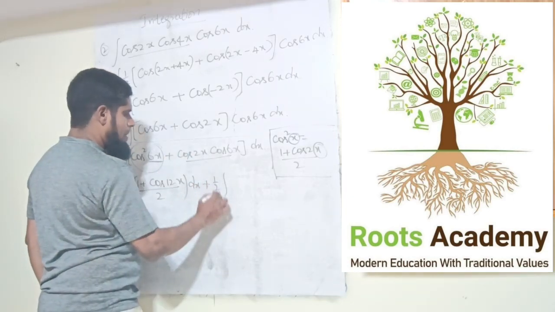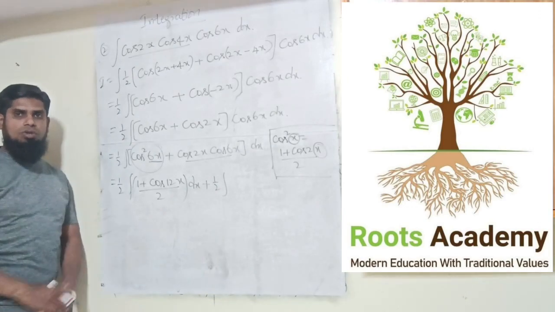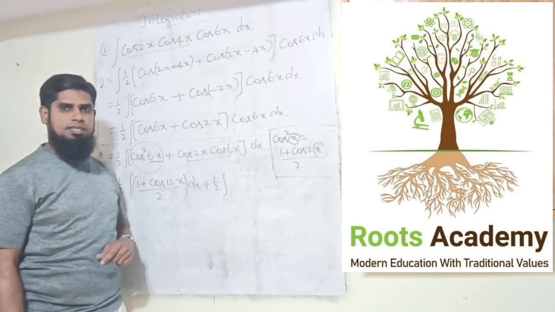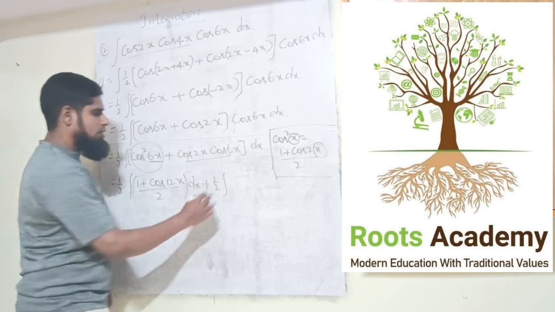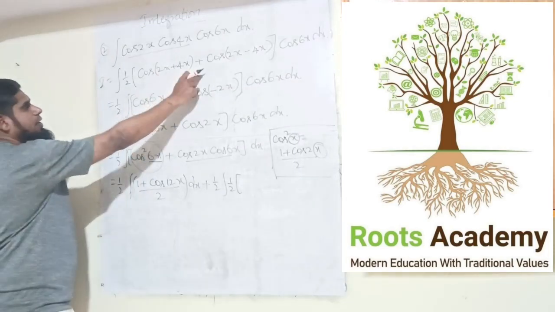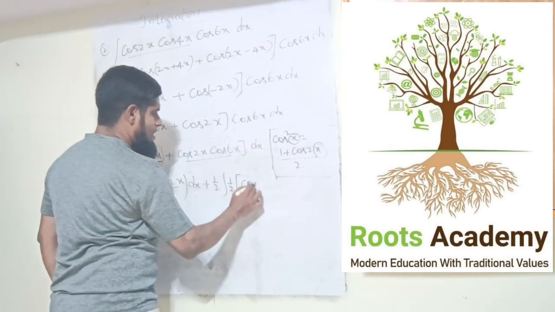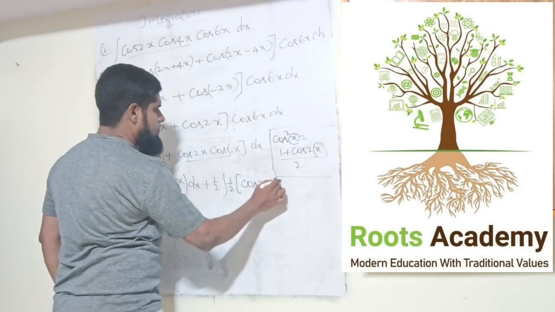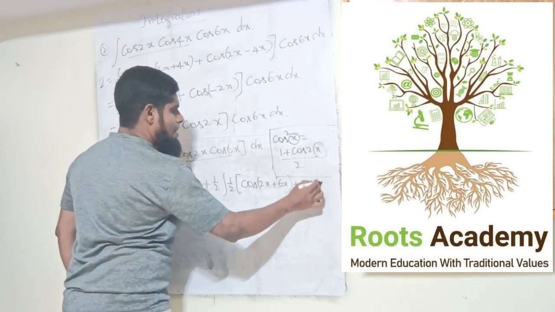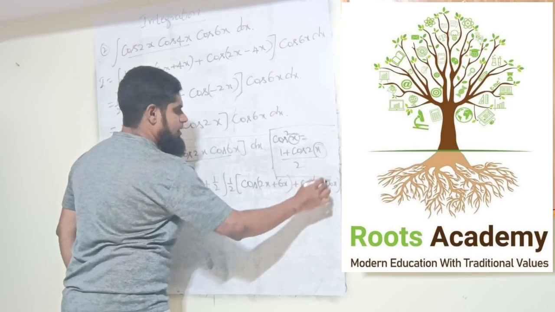So half integral cos x cos y formula here: x is 2x, y is 6x this time. It is again half bracket, same formula as we applied before: cos(x plus y) plus cos(x minus y).